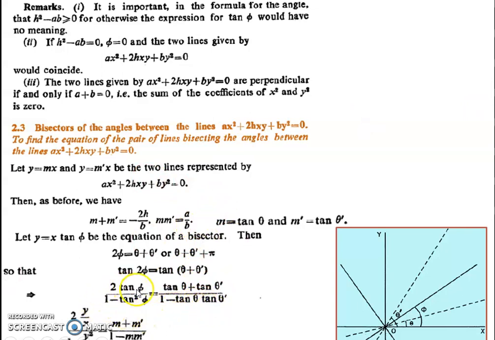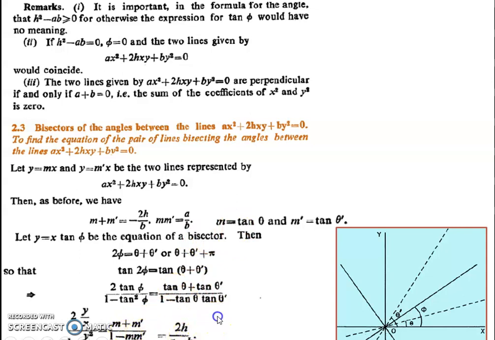And when I put the value, tan phi is nothing else but y by x, and this is 2 times y by x over 1 minus y square by x square, is equal to, this is tan theta, that is m plus m dash over 1 minus m m dash.